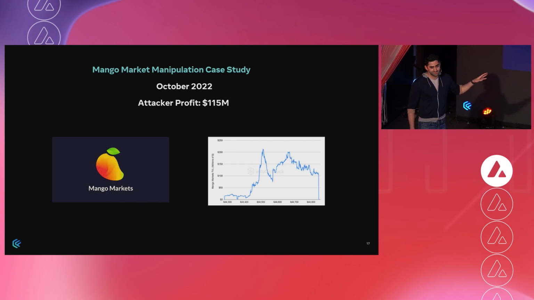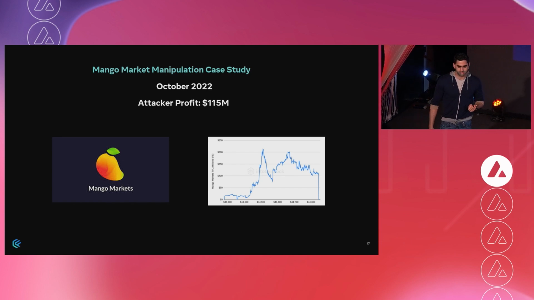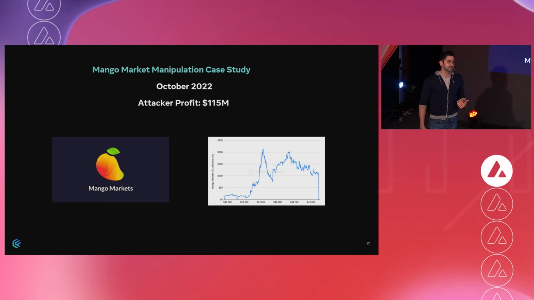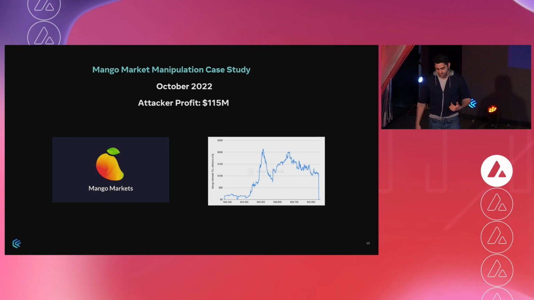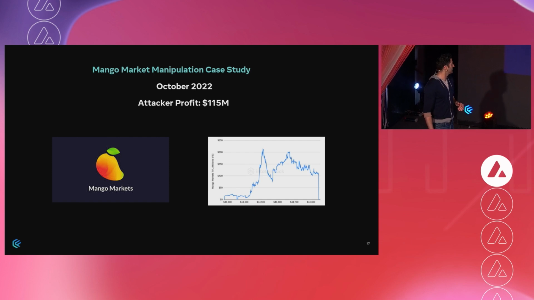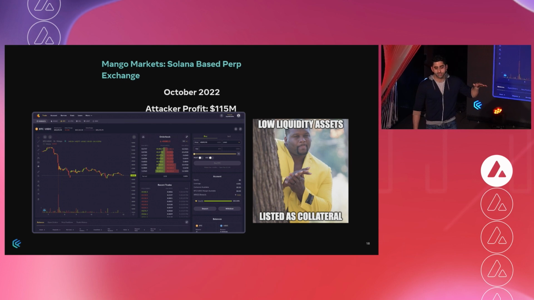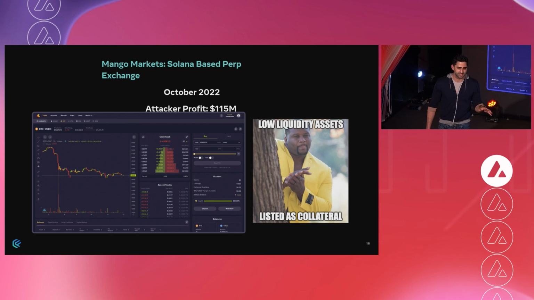So to give an example, we're going to run through the Mango Markets attack, which is a classic market manipulation attack. We're going to run through the steps, talk a little bit about how it could have been mitigated or potentially stopped, and then touch on a few more interesting aspects towards the end. So what is Mango Markets? Mango Markets is a perpetual exchange based on Solana.